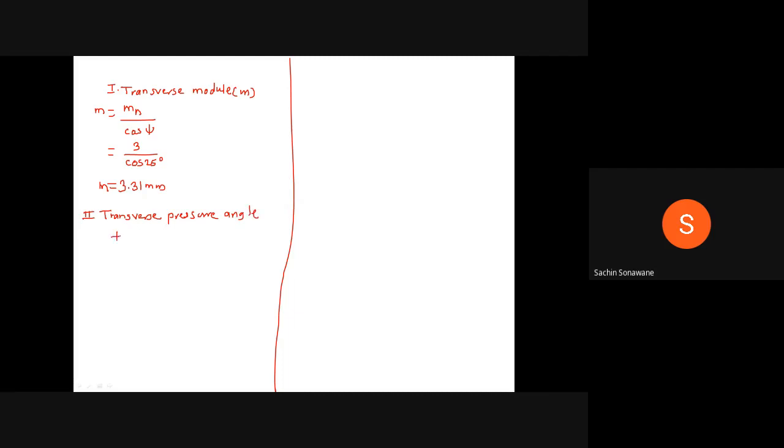Tan alpha is equal to tan of alpha n divided by cos psi, which is equal to tan of 20 upon cos of 25. Therefore, what is the value of alpha?